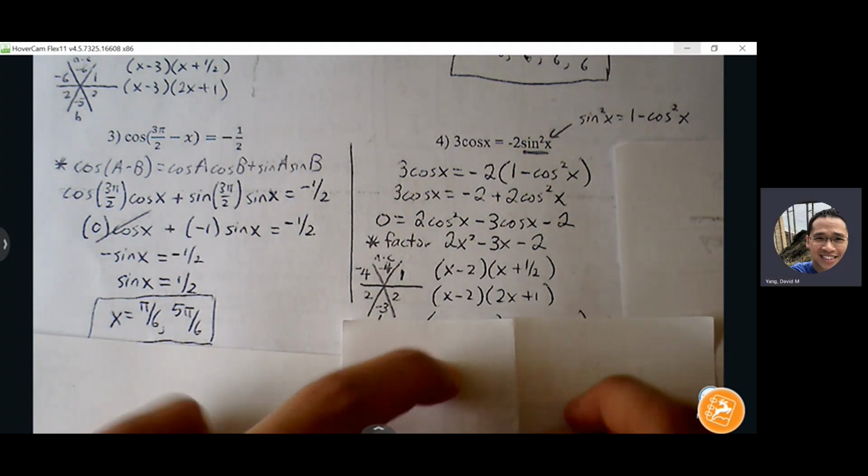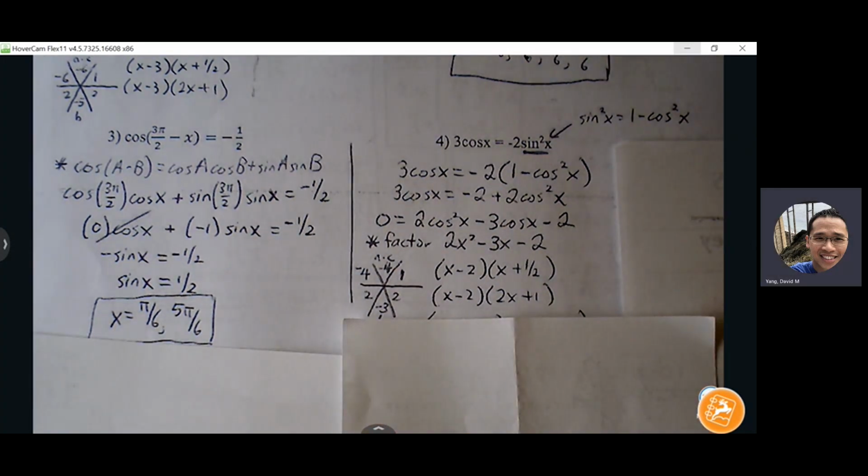Multiplies to be -4, adds up to be -3. Again, -4 and 1. Reduce the -4 and 2 to be 2, 1/2. Pull that denominator out in front.